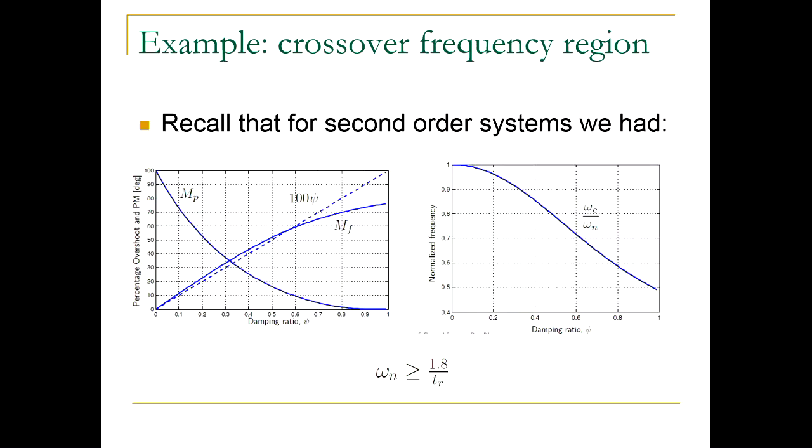So you can see, for instance, that if the damping ratio is 0.2, you will have phase margin of about 22 degrees, right, from the diagram, okay? So this is basically telling you what happens for second order systems, right? So this is second order systems. We will use these diagrams as rules of thumb for higher order systems. But this is exact diagram for second order systems.